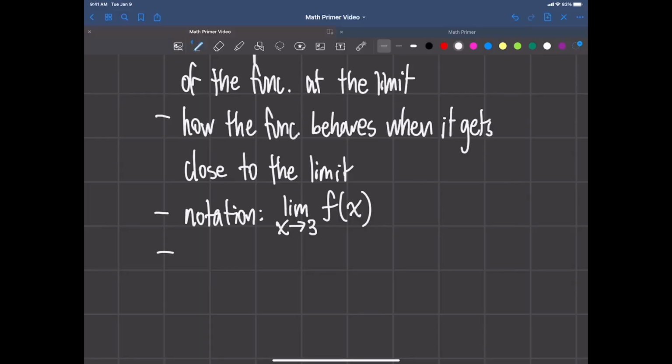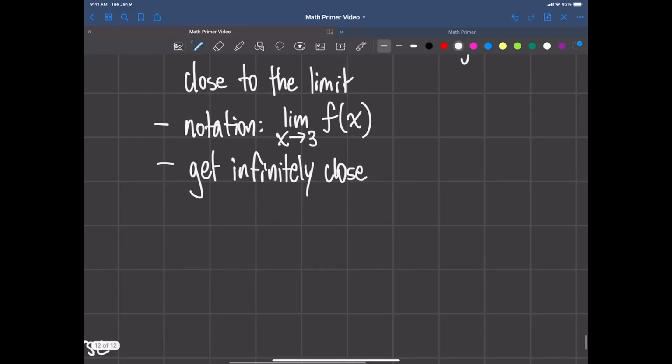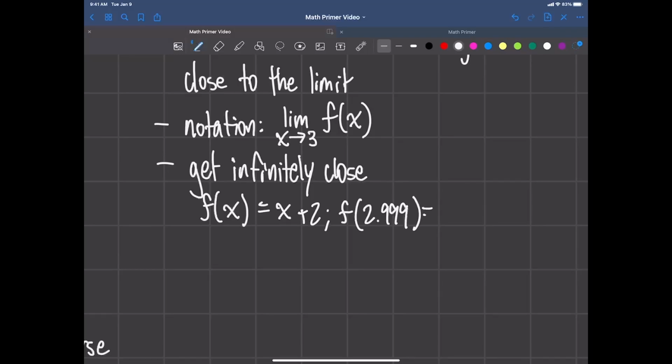In limits, we want to get infinitely close. For f of x equals x plus 2, f of 2.999 equals 4.999.